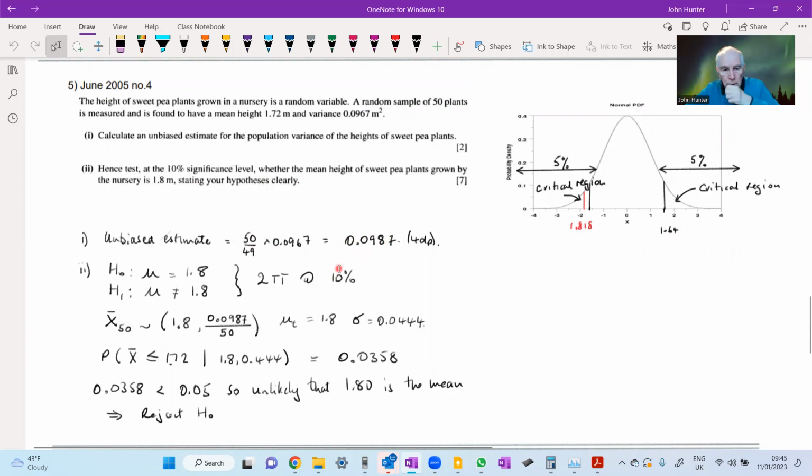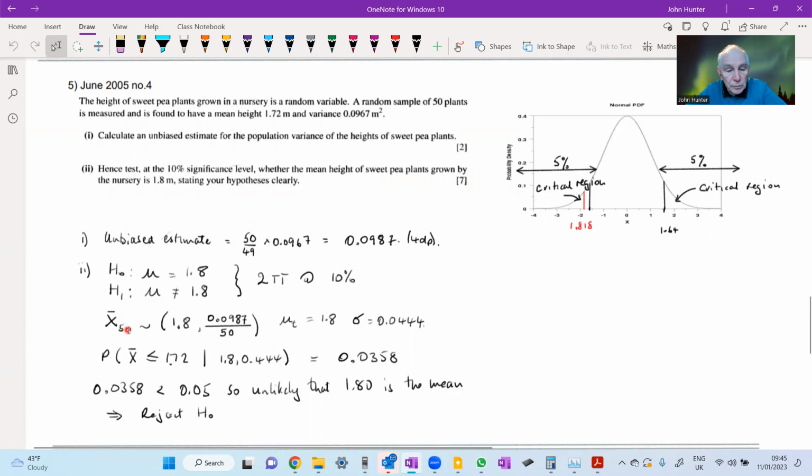Right, so now we're in a position to make our hypotheses. First of all, that the mean is 1.8. Secondly, that the mean is not 1.8. So this is going to be a two-tail test at 10%. So we're looking at 5% tails on either end of the normal distribution.